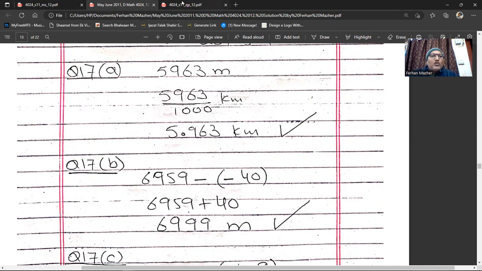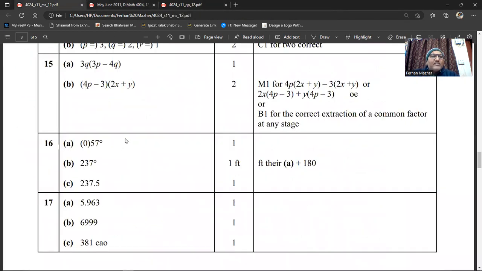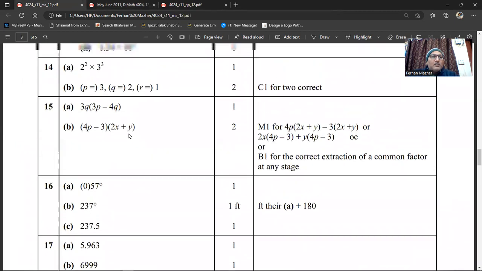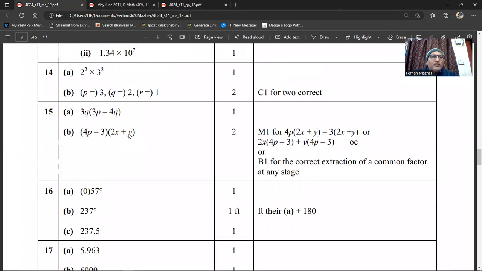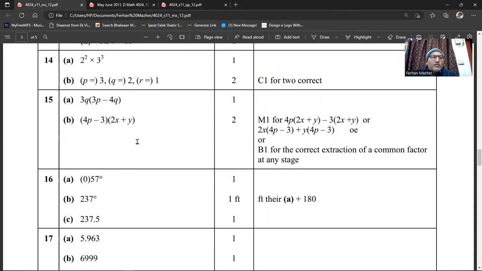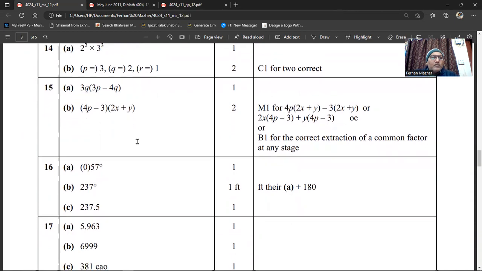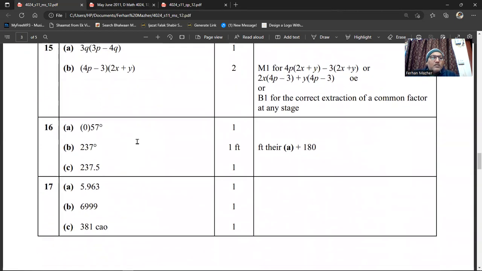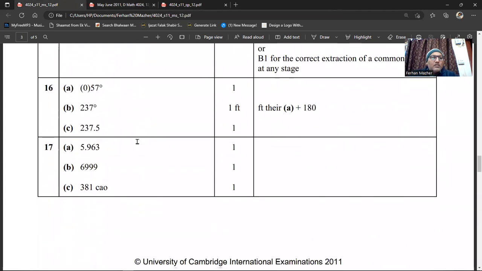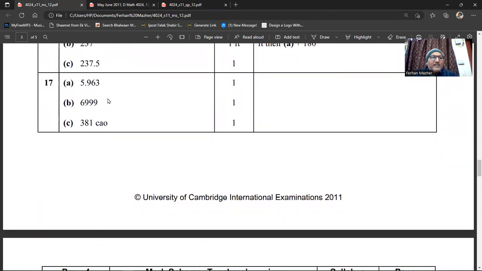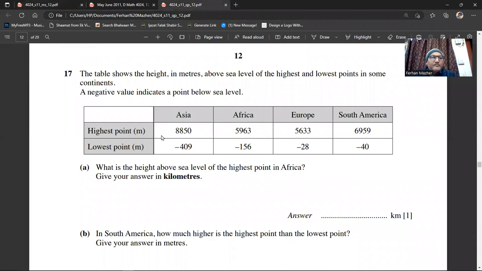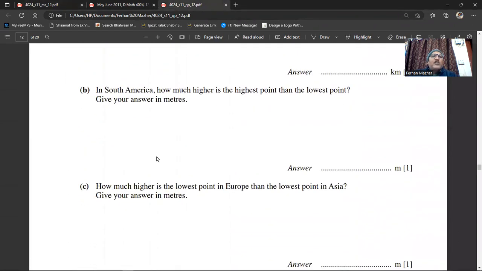Okay, so let me check the answer. So question number 17, our answer is right. B part: in South America, how much higher is the highest point than the lowest point?